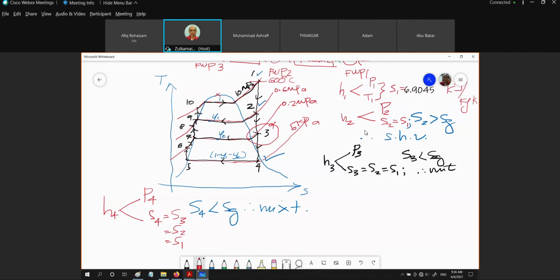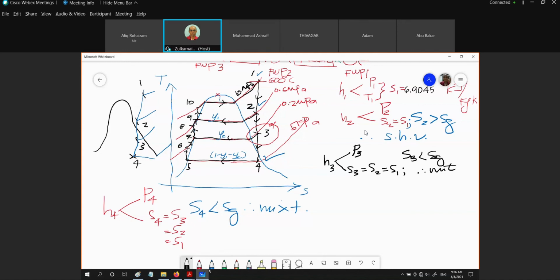So you are going to have this type of expansion process. This is 1, this is 2, this is 3, and this is 4.